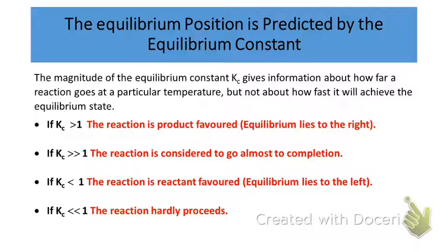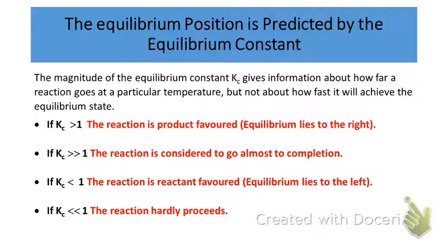The equilibrium position is determined by which reaction, the forward or reverse, is more favorable thermodynamically. If the forward reaction is more favorable, then essentially we're going to have a higher product concentration than reactant concentration when equilibrium has been established.